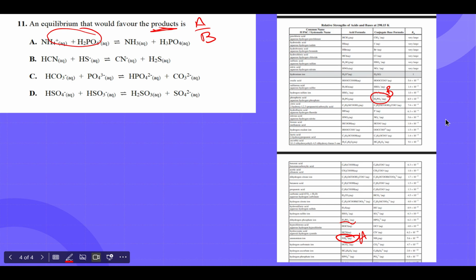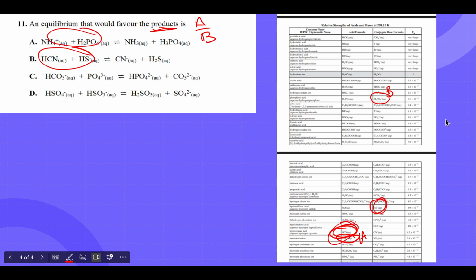We're going to check the next one, HCN. HCN is right here, and it's reacting with HS negative, and that is here. Again, reactants are favored because the base is higher up than the acid.